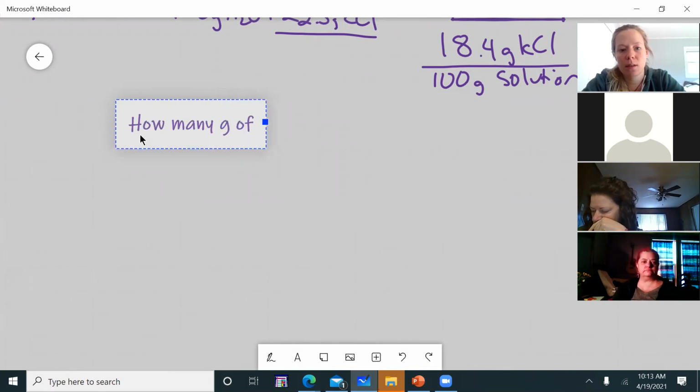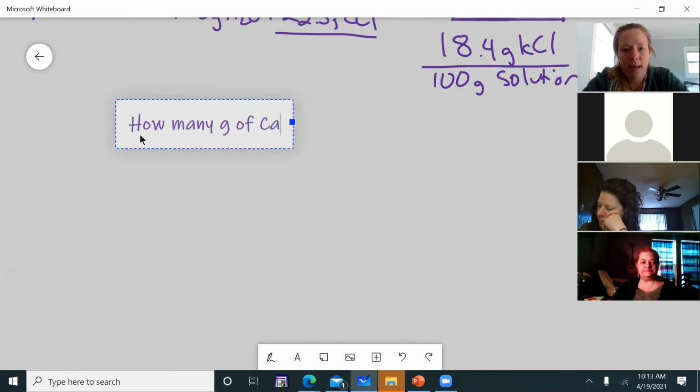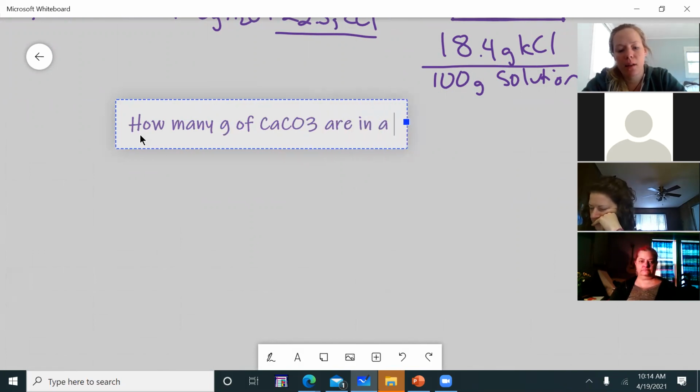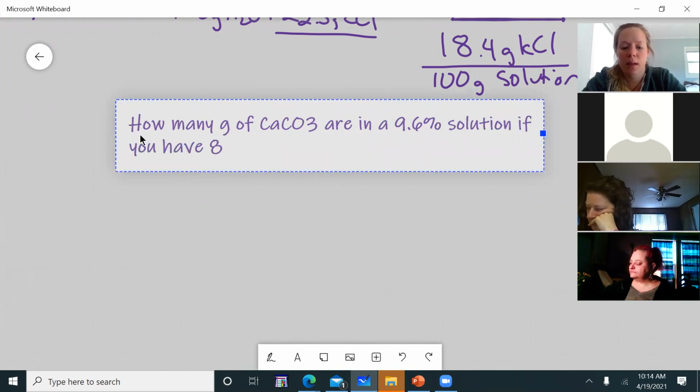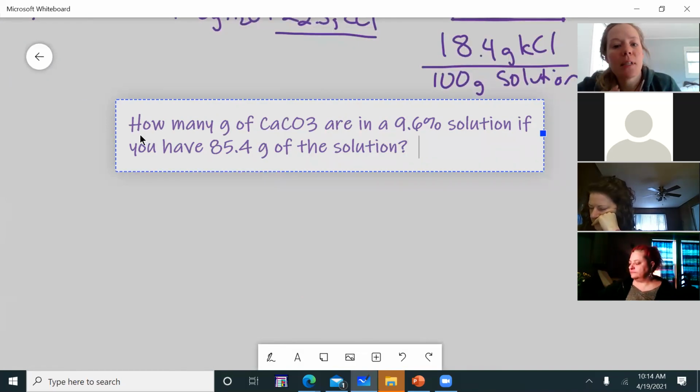How many grams of CaCO3 are in a 9.6% solution if you have 85.4 grams of the solution? Sorry, that was written sort of wonky.